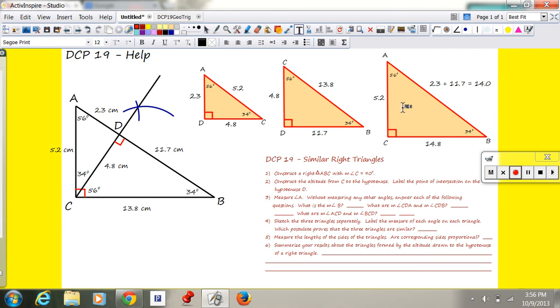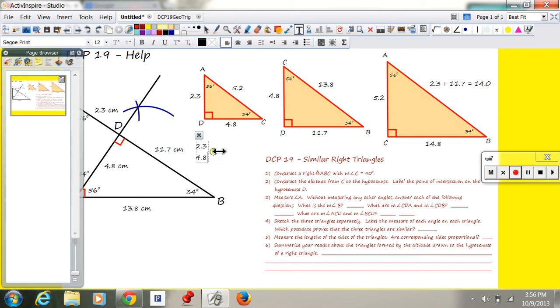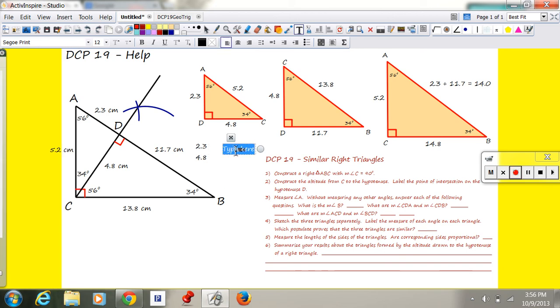Now you're going to show me that they're similar. You're going to put 2.3 over 4.8, and show me that it's going to be equal if you put 4.8 over 11.7, and that's going to equal 5.2 over 13.8.